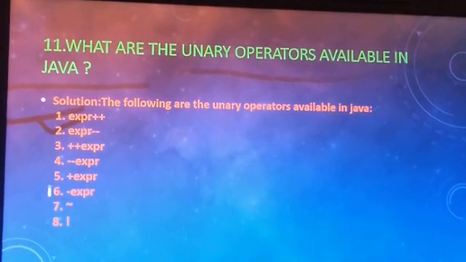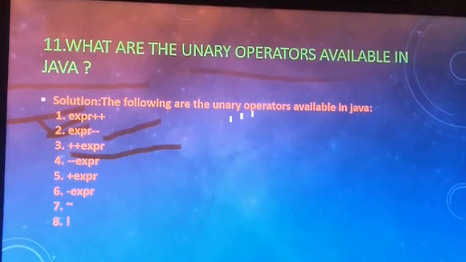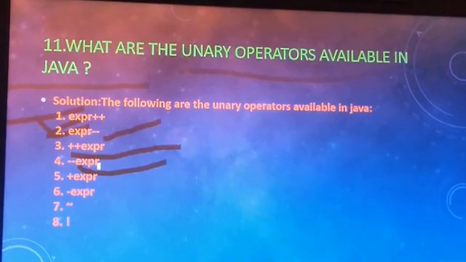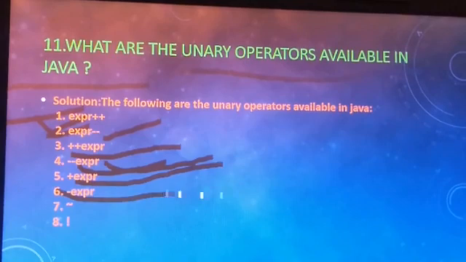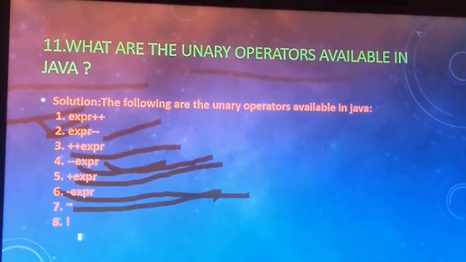First is post increment, post decrement, pre increment, and pre decrement. Then unary plus and unary minus, and one's complement or logical negate.